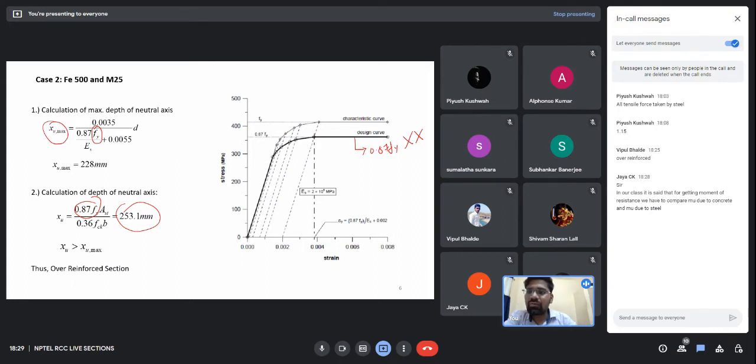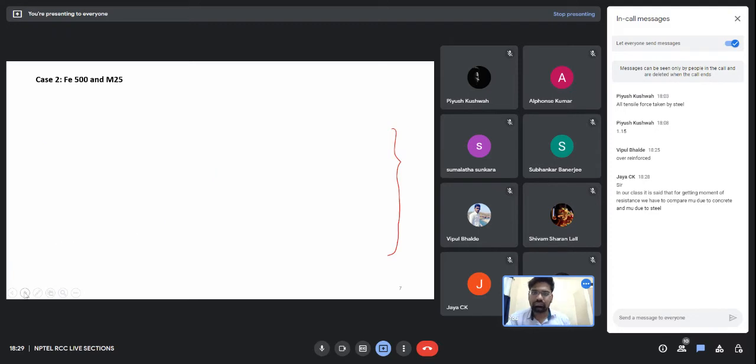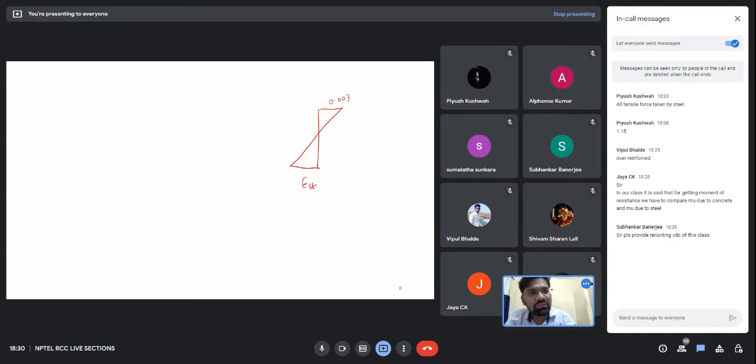Okay, so where I was saying you should assume one xu value and substitute it here. Let me write it here. This is epsilon st, I don't know what value it is. Now this is 0.0035 always, and this is the xu which I will be assuming.